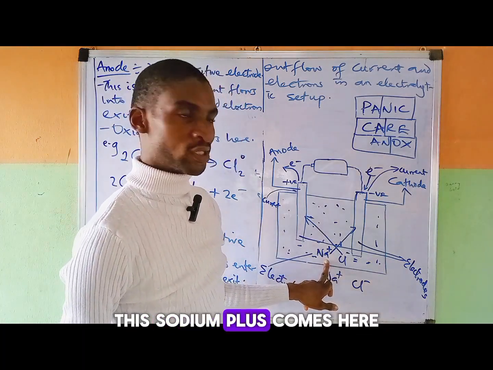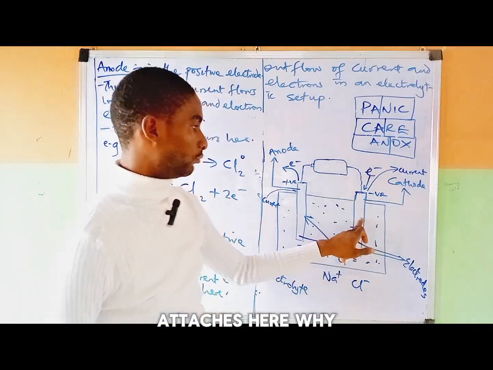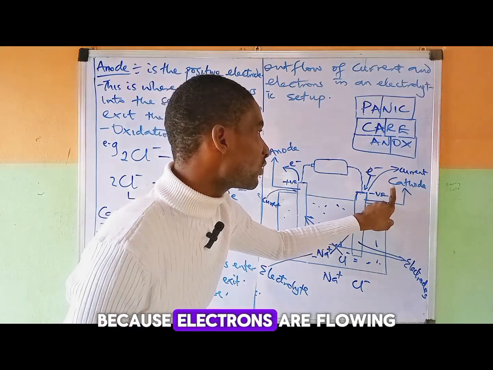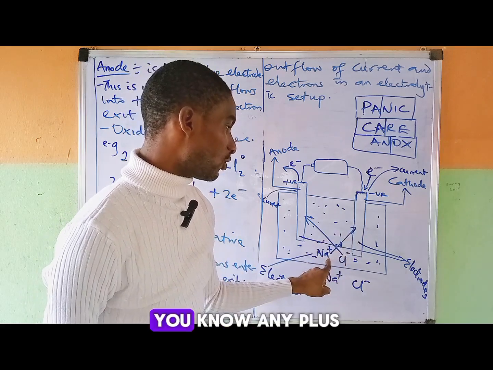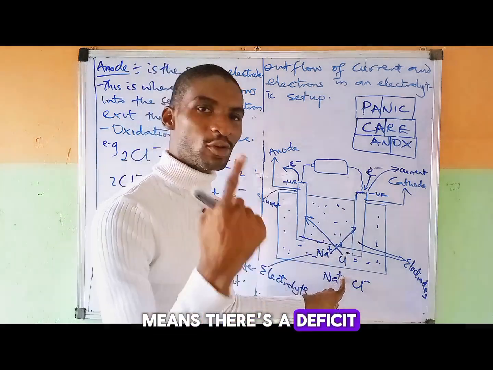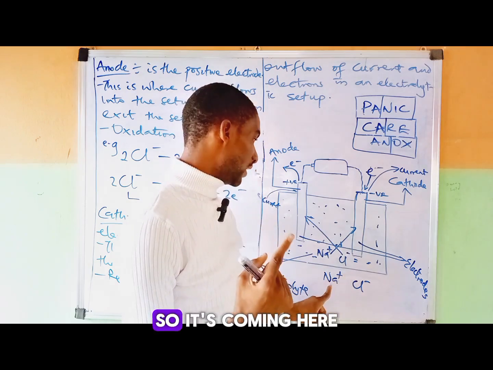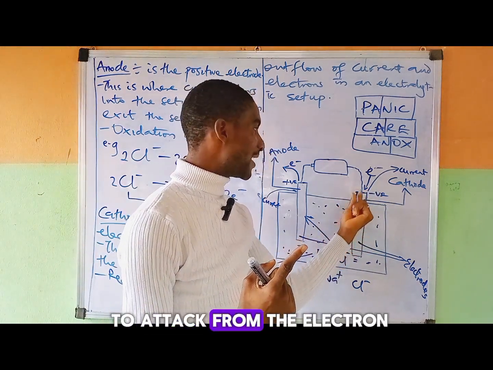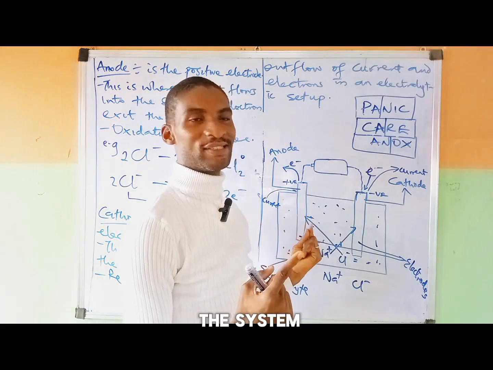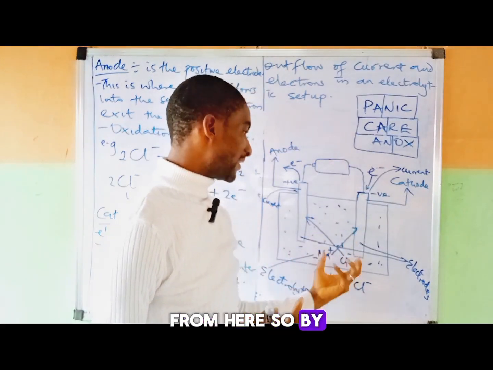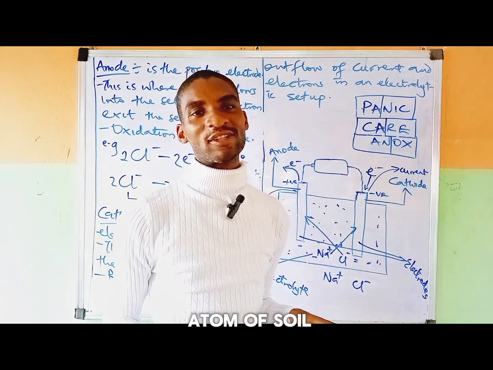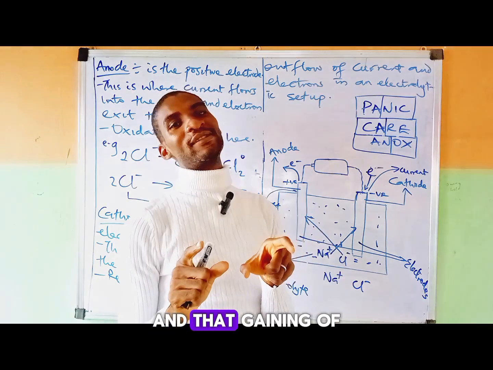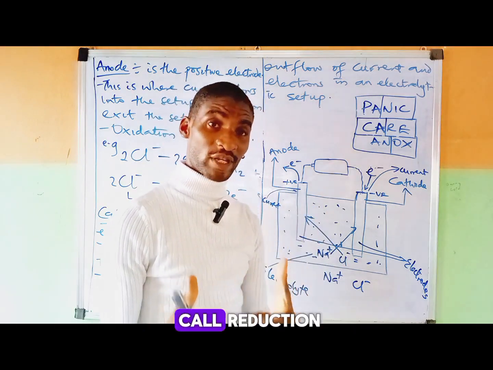This Na plus comes here and attaches here. Why? Because electrons are flowing in here. Na plus means there's a deficit of 1 electron, so it comes here to tap from the electrons that are streaming into the system. By the time it gains 1 electron, it becomes a neutral atom of sodium, and that gaining of electron is what you call reduction.